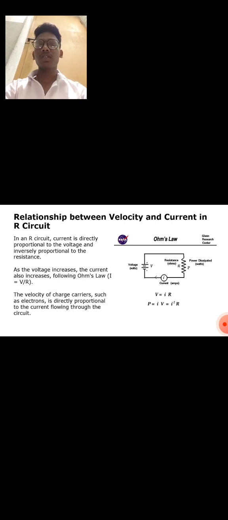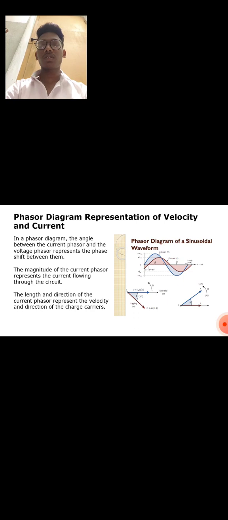As the voltage increases, the current also increases, following Ohm's law: I equals V by R. The velocity of charge carriers, such as electrons, is directly proportional to the current flowing through the circuit. Ohm's law: V equals IR, and power P equals V into I, equals I squared R.